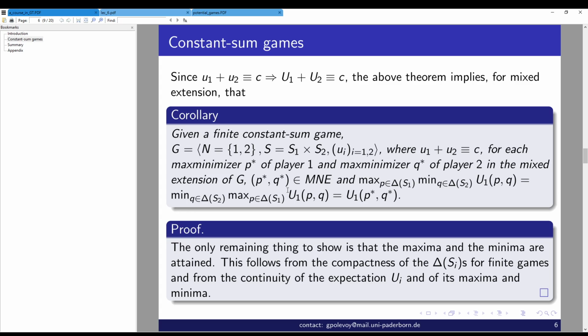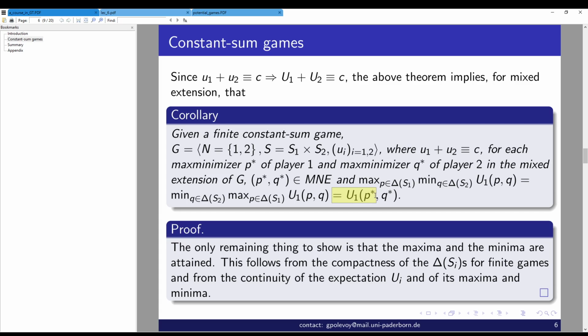And in that mixed extension, max min is equal to min max. So when the first player maximizes, given the second minimizes, that's the same value as when the first player first maximizes and then the second player minimizes. And that's also the value of the first player in any equilibrium. So basically we simply applied the theorem we just cited for the case of the mixed extension of a finite constant sum game.